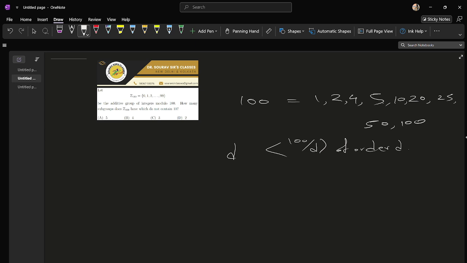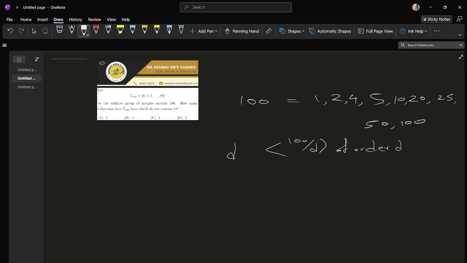If a subgroup contains 10, then its generator must divide 10.